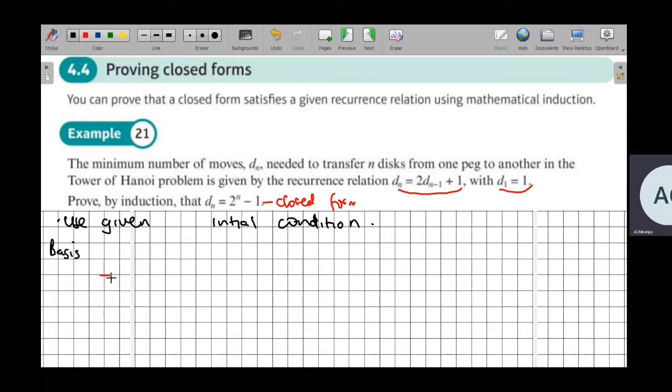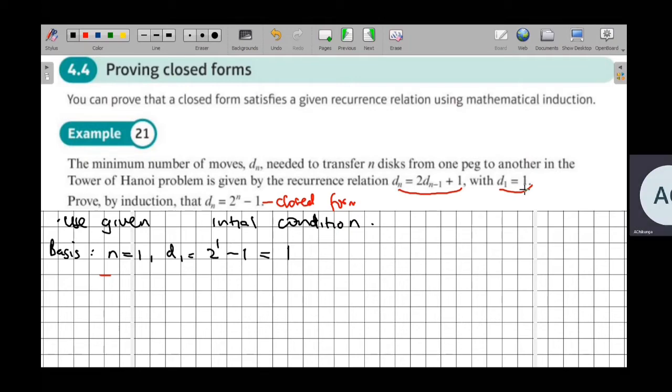So our basis, we are going to say n is equal to 1. D1 is equal to what? 2 to the power of 1. We get that? Substitute that into the closed form, minus 1, which is just 1. Are we together?